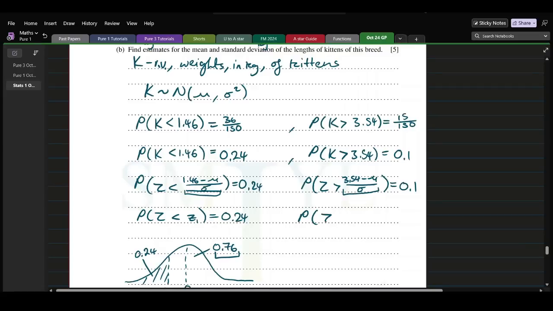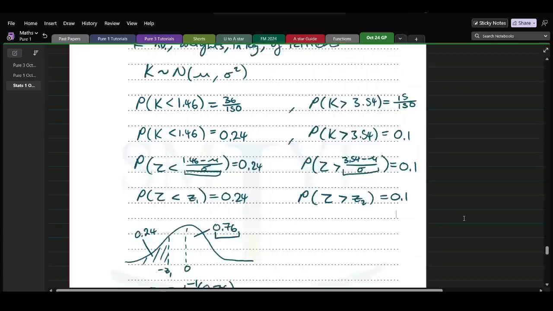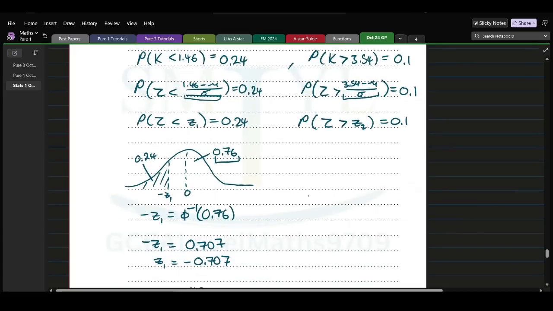So the probability that Z is greater than Z2 is equal to 0.1. And we're going to sketch a bell curve. So here's our bell curve. This here would be 0. And we're looking for 10% on the greater than side. So 10% would be somewhere here.